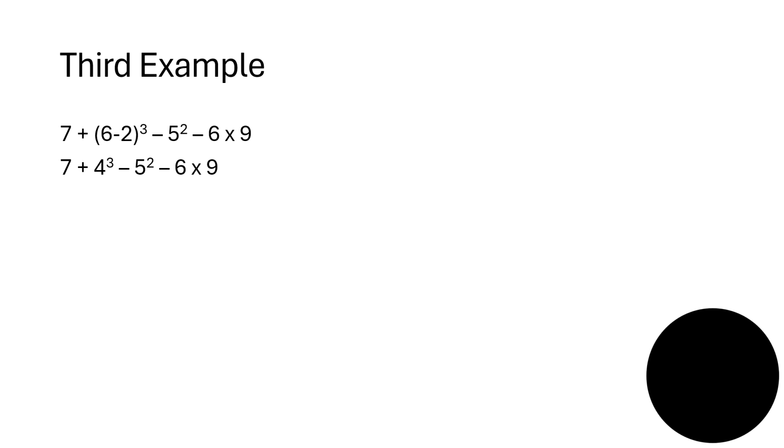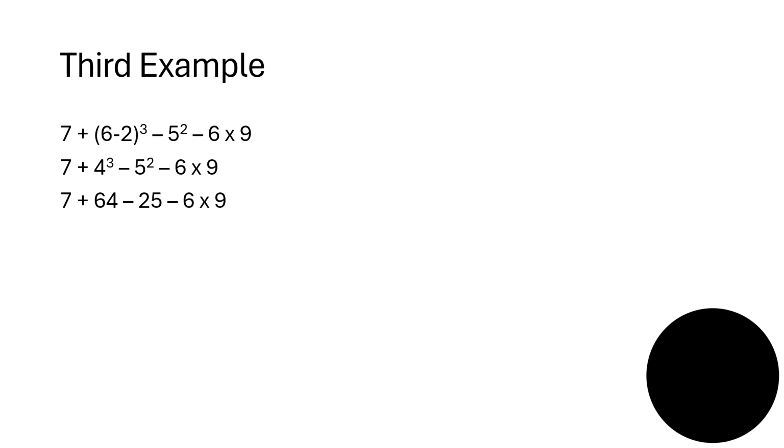The second precedence is the exponent. So 4 to the third power is 64, and 5 squared is 25. Notice that's minus 25, so we just did 5 squared, not minus 5 squared, like minus 5 in parentheses.